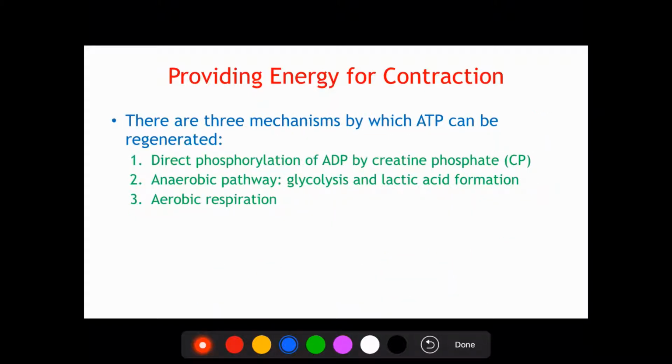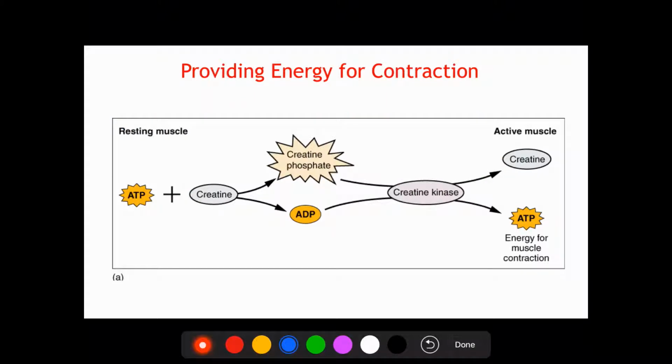So the second way would be either the anaerobic pathway or the aerobic respiration. And these are the two main pathways of producing ATP. So this is the ATP with the creatine phosphate, then ADP again with the creatine kinase will create, we get the phosphate from here and give it to the ADP and create the ATP and the creatine.